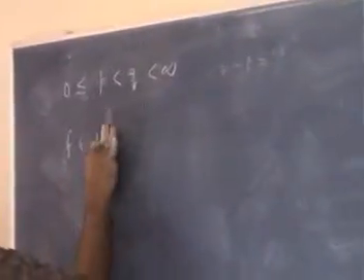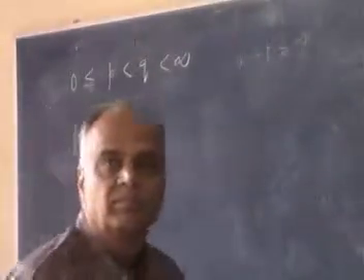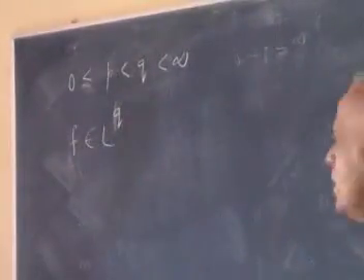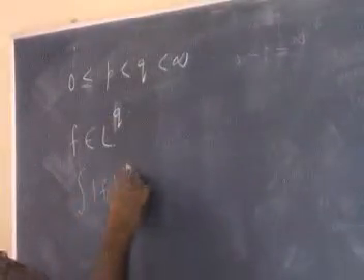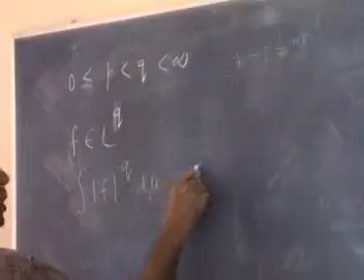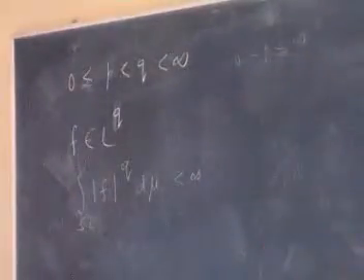What does that mean? The integral of mod f to the power of p d mu over omega is finite. That is what is meant by saying f is in LP.